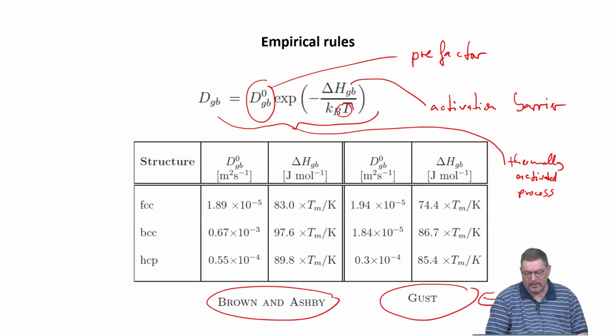And he also took a lot of values from our lab, while Brown and Ashby did this prior to most of the grain boundary diffusion measurements. So they are mostly based on more theoretical assumptions. And so this is why the values vary a little. So if there is doubt, I would rather prefer using the approach and the numerical values by Gust over the ones by Brown and Ashby.